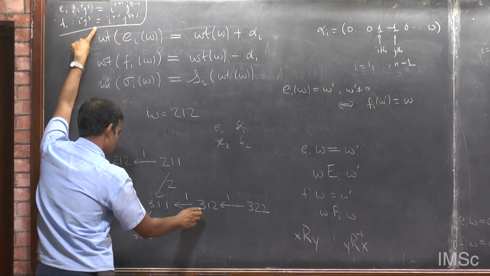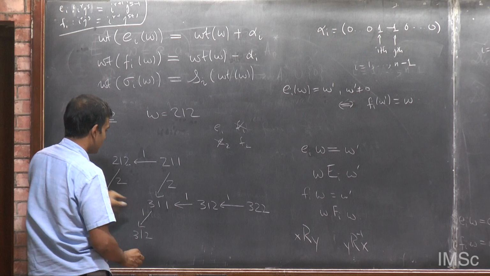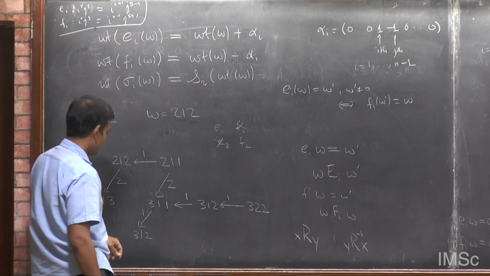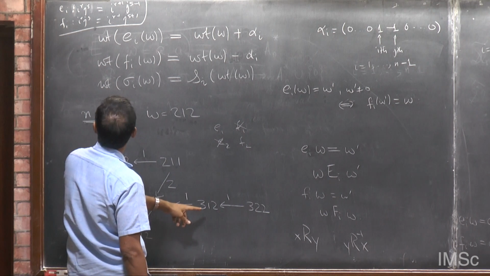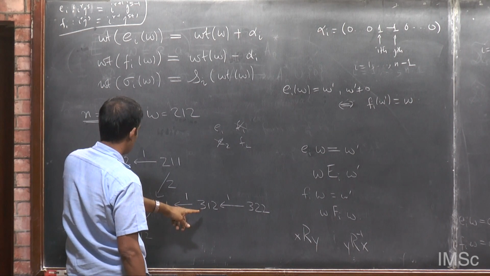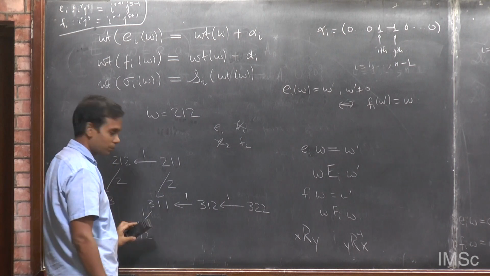3 1, oh, wait. Yeah, I should have been applying it in this direction, right? So 3 1 2. If I apply F_1, I would get 3 2 2. I think I already did this, but I wrote it in the wrong place.